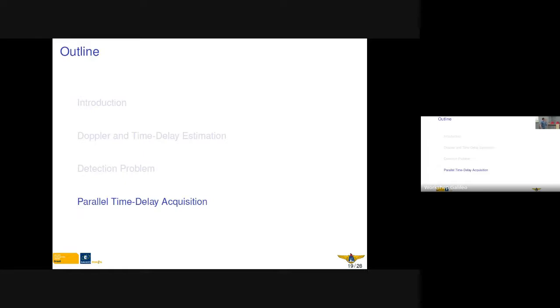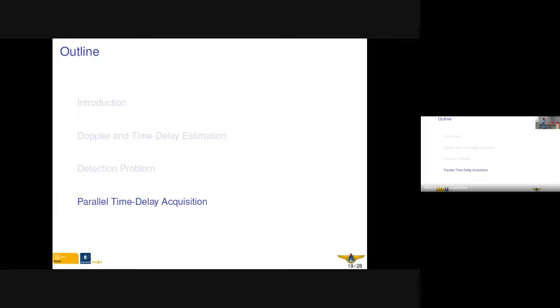We can now move on to applying parallel time delay acquisition. In general, acquisition solves the generalized likelihood ratio test. We can also apply other statistics and other detection approaches. Now we will implement a parallel time delay acquisition.